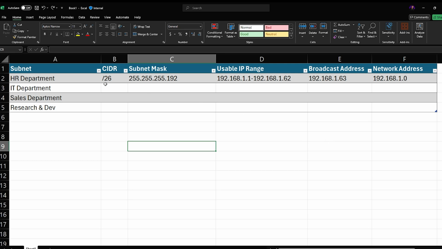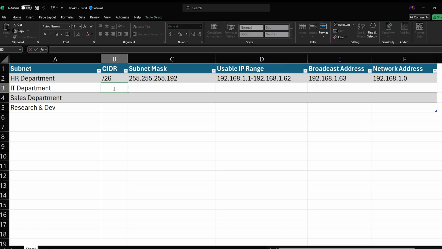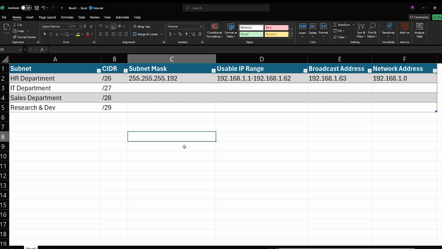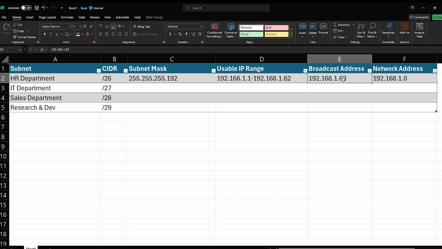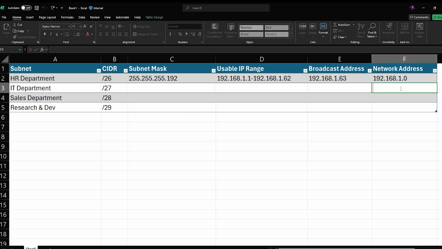The way that I do that is, since this is /26, I'll do /27 for this department, /28 for this one, and then /29. Since this is the broadcast address, the next block's network address is going to be +1 of the previous broadcast address.